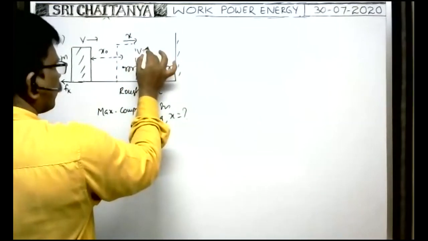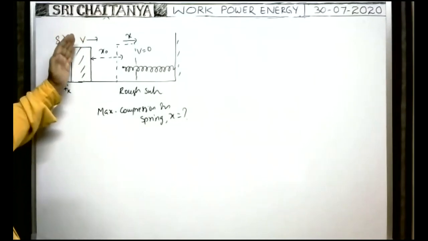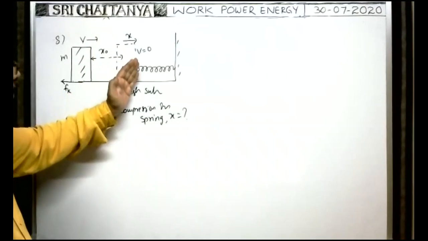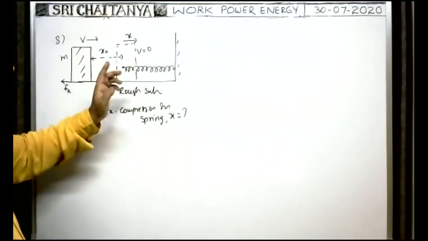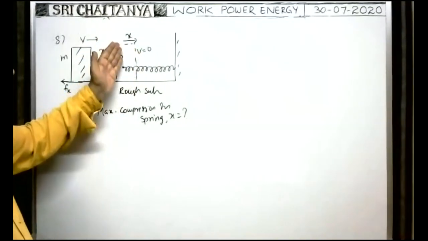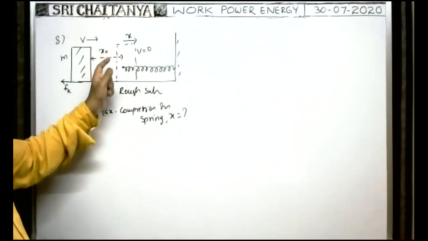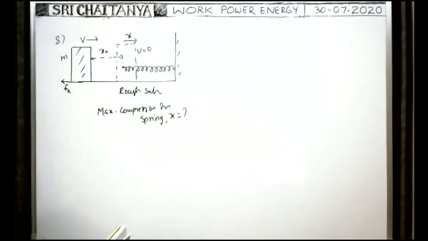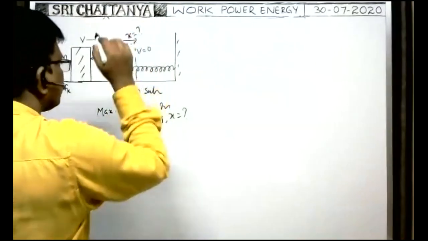Now the block comes to rest momentarily here. So this is the maximum compression, because velocity becomes zero, which means there is no further compression of the spring. The block cannot compress the spring further. That's why it is the maximum compression in the spring. So what is that maximum compression? They asked it. x is equal to question mark.